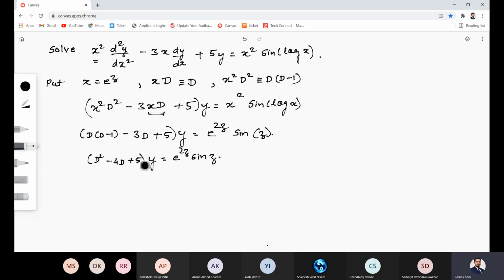Now how to solve this? By a regular method. What is the auxiliary equation here? Auxiliary equation is d square minus 4d plus 5 equal to 0. The roots for this are, anyone?